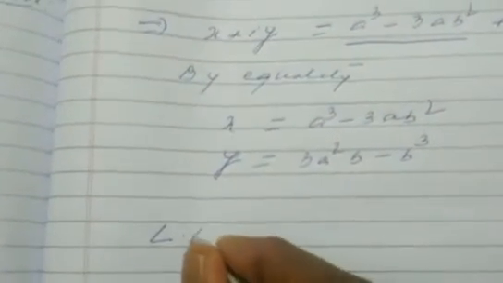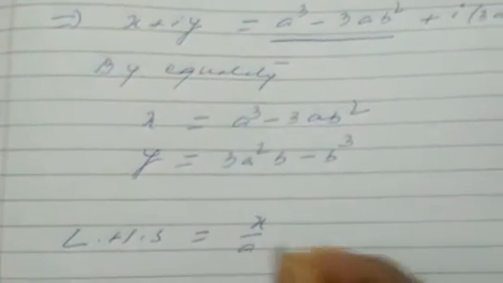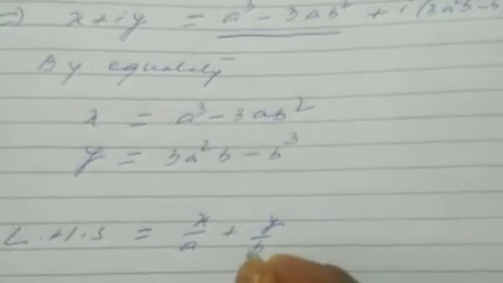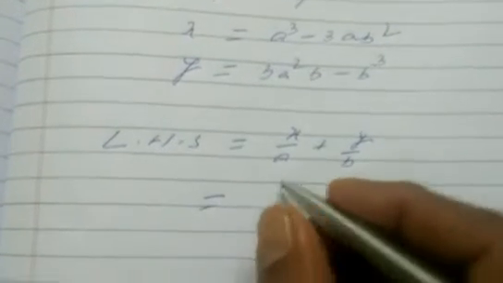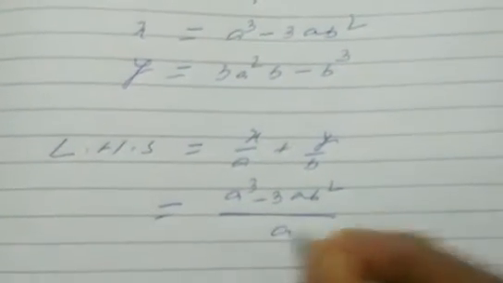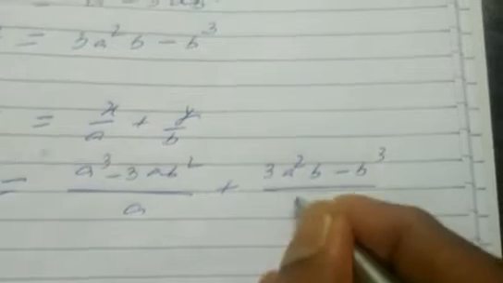Now, what do we have to prove? For LHS, we have to prove x by a plus y by b. We'll put the values of x and y. x is a cube minus 3ab square upon a, and y is 3a square b minus b cube upon b.